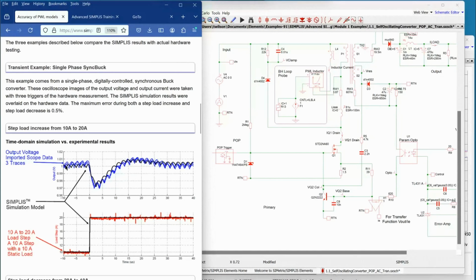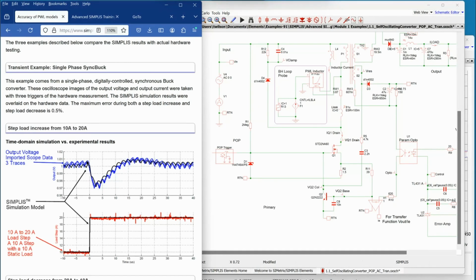During this step, the output voltage dips a little bit, maybe 30 millivolts, and then it recovers. You can see that the blue oscilloscope trace is a little bit fuzzy, a little raggedy. The reason is this is a digitally controlled device, so the duty cycle at any given operating point dithers around an average value.